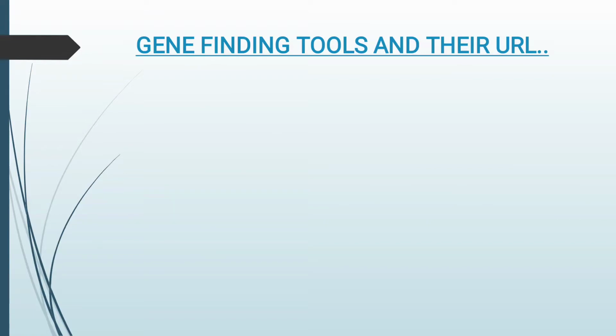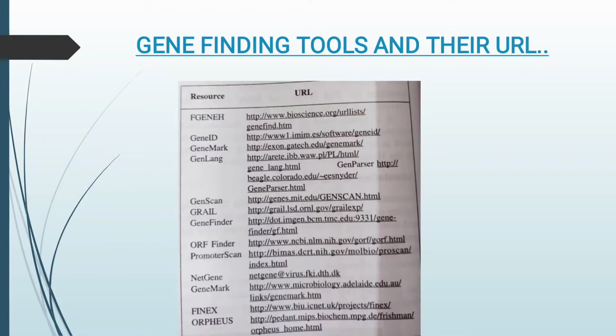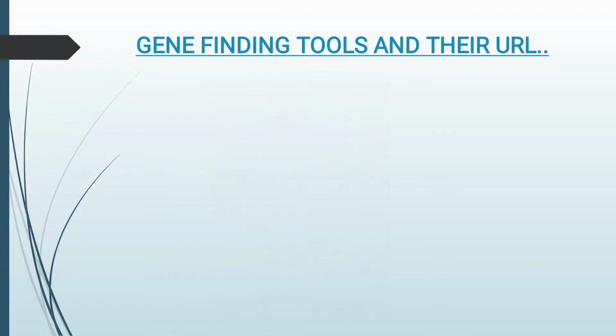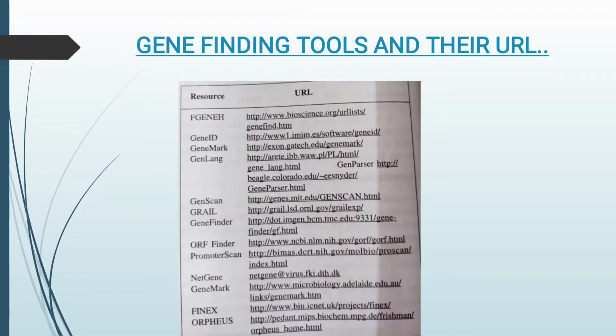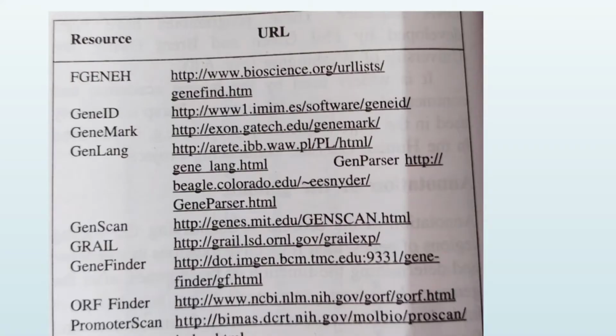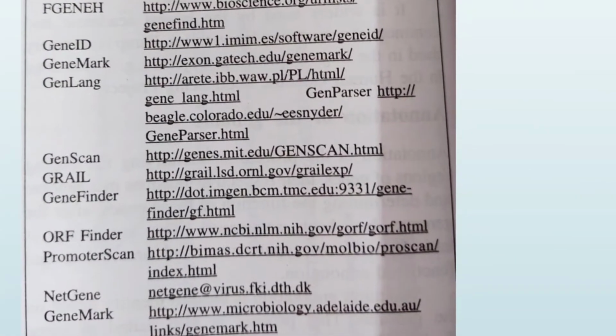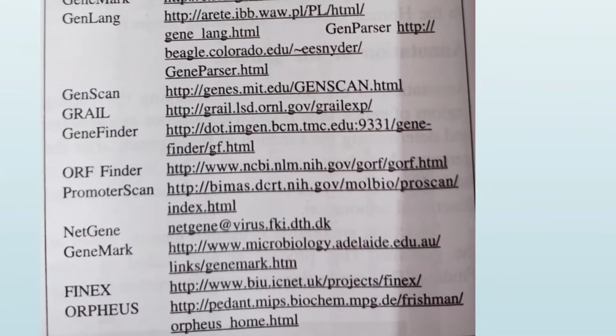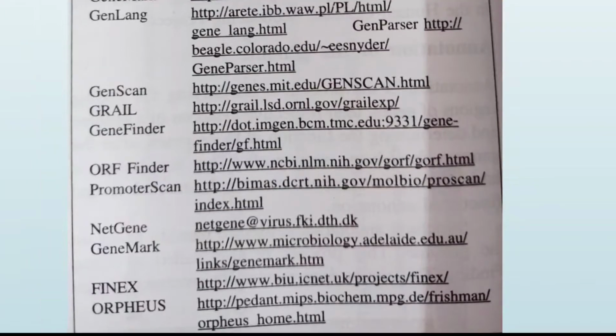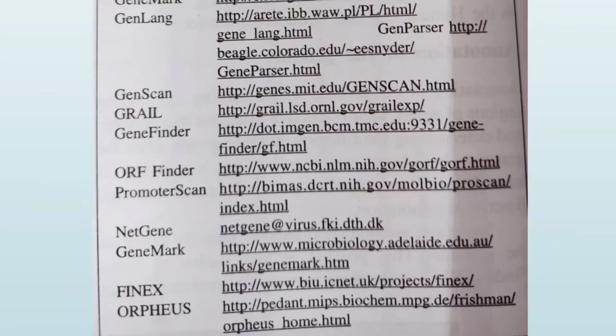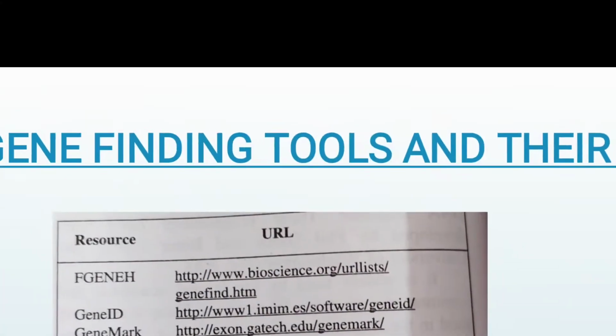There are certain freely available gene finding tools on the web. Some of these are listed here: FGENEH, GeneID, GeneMark, GenLang, GenScan, Grail, GeneFinder, ORF Finder, Promoter Scan, NetGene, Finex, Orpheus. All these are available on the net.